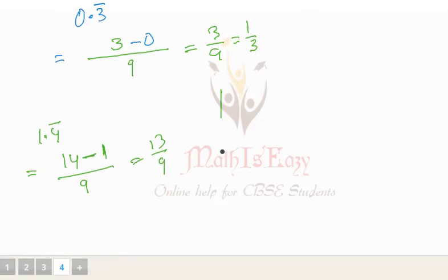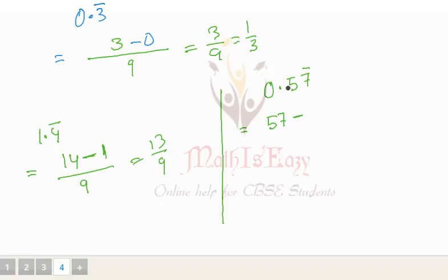The third example that I have taken is 0.57 bar. Again, you take the number without the decimal and without the bar, so 57.